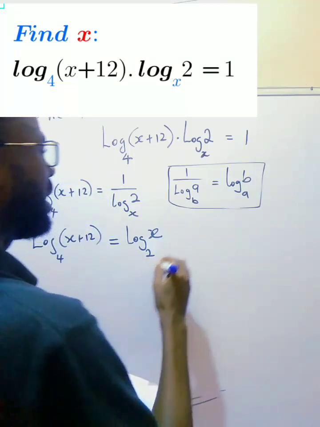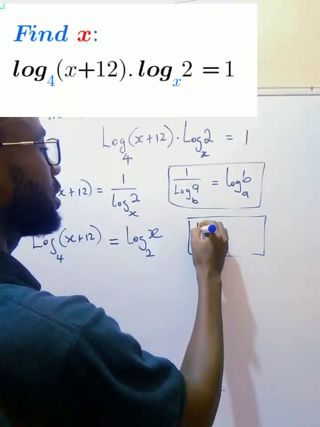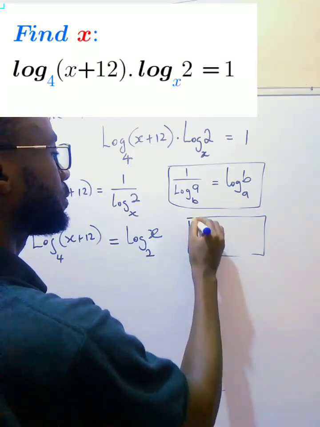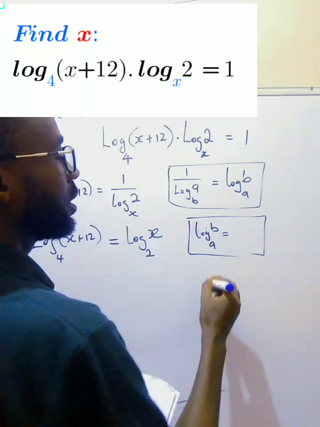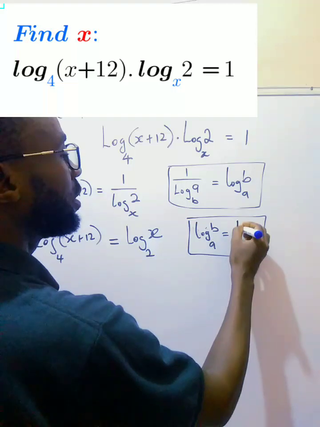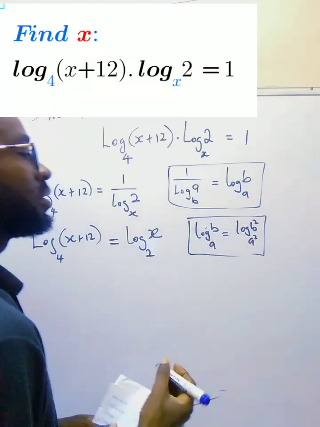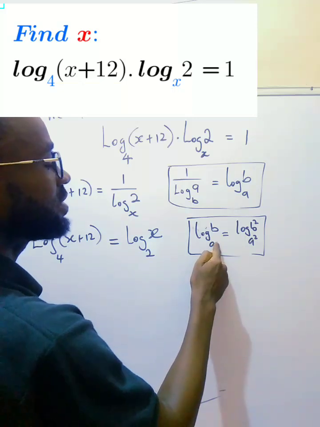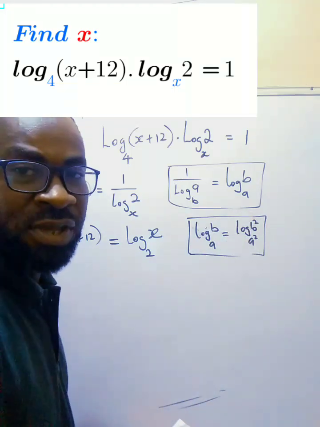Now next, I'm going to also introduce you to another law of logarithm that says log b base a is also equivalent to log b square a square. So if I square the antecedent, I square the base, it's also going to give me an identity.